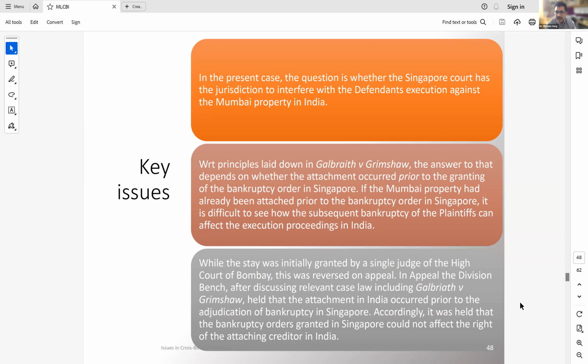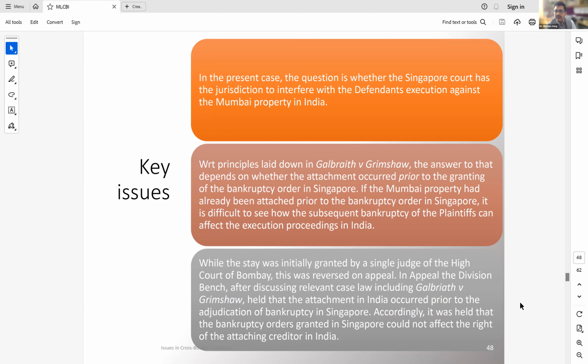They found that the execution proceeding in India had already started, and after that the Singapore bankruptcy court order was given. Hence there is no possibility to stay those proceedings because they are already underway. Accordingly, it could be inferred that had the execution proceeding not started, they might have considered the bankruptcy order. However, they have not given any decision whether they would have recognized it or not.